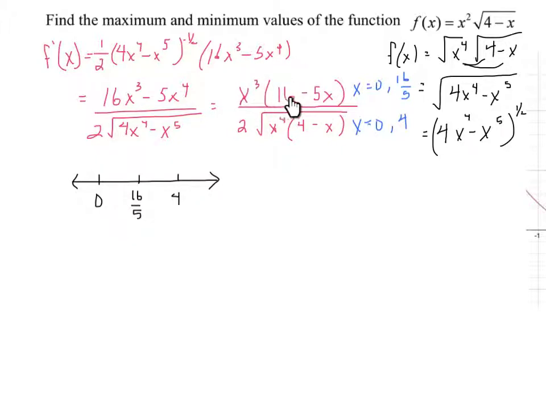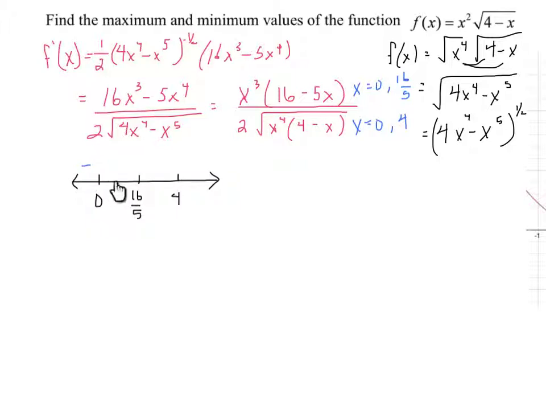So the top, negative times positive, is negative. The bottom, because it's under a square root, should always be positive unless it's undefined. And it is defined here, because a negative to the fourth is positive, 4 minus negative is positive. So we have negative divided by positive, which is negative.